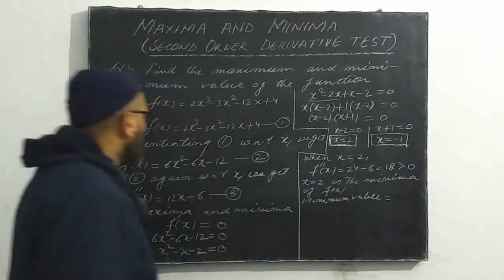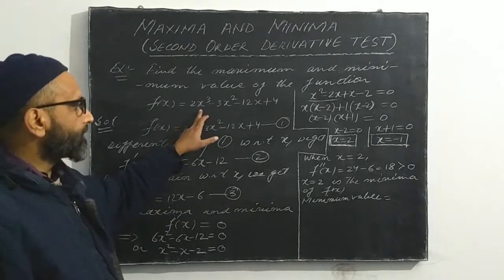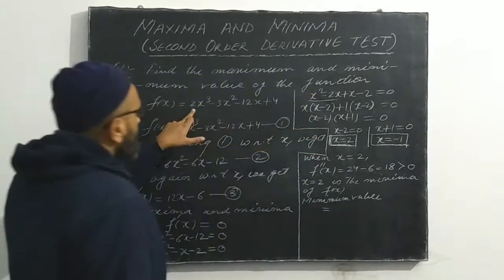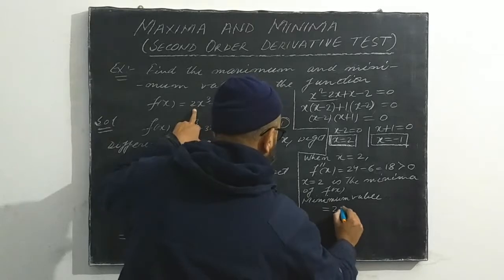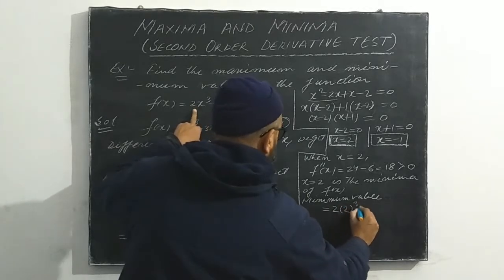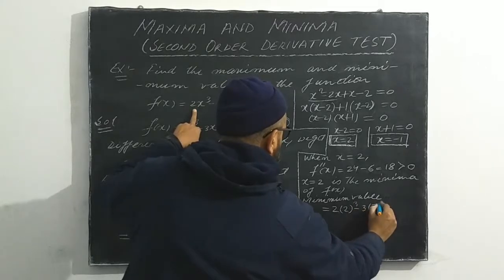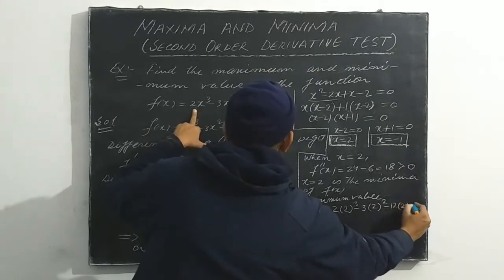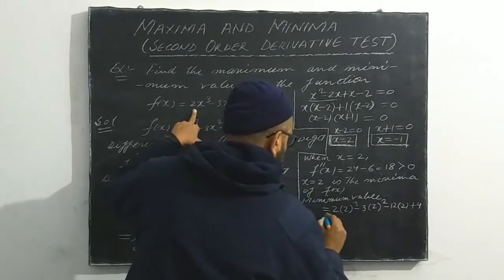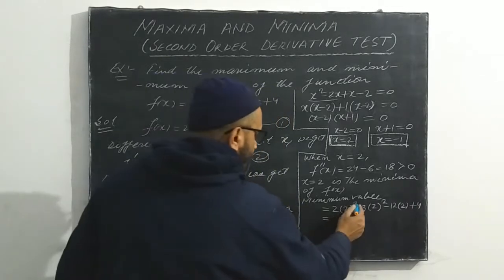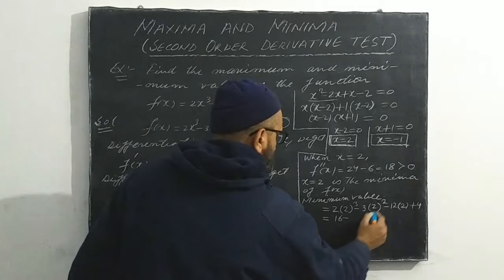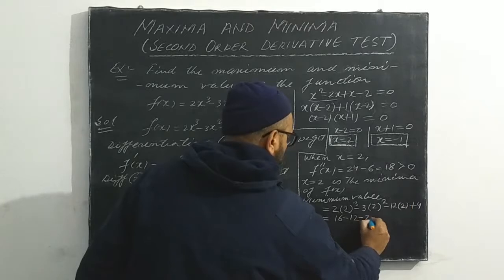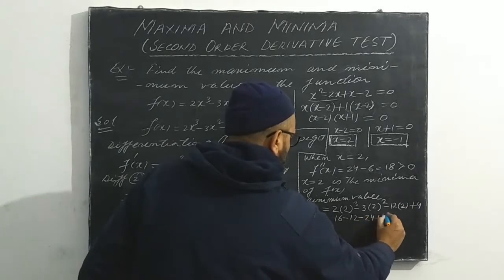So the minimum value of the function we obtain by substituting x is equal to 2 in the function. So we get 2 into 2 cube minus 3 into 2 square minus 12 into 2 plus 4. So 2 cube is 8, 8 2s are 16, minus 2 square is 4, 4 3s are 12, minus 12 2s are 24, plus 4.